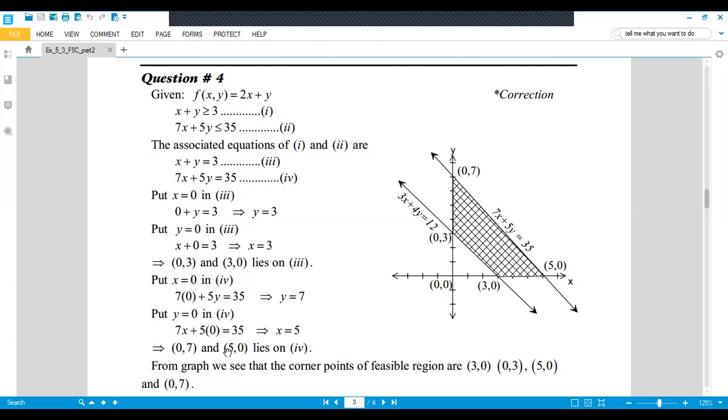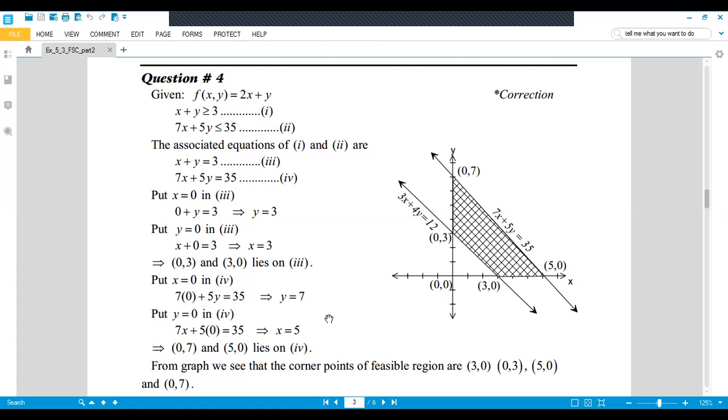With the help of these two points, we draw the graph of the other equation. On the x-axis 5, y-axis 0, this point. On the y-axis x 0, y 7, this point. We draw a line. You can check that both the lines are parallel, they will not intersect each other.